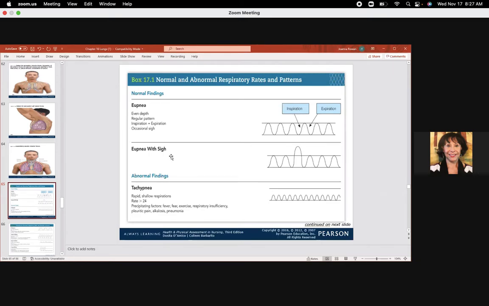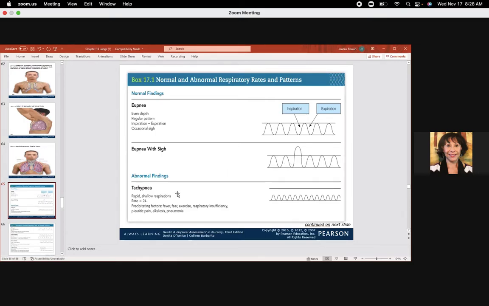And in the second picture, you see eupnea with sigh. Sighing frequently is considered abnormal, but one sigh is not abnormal. Frequent sighing is considered abnormal breathing.